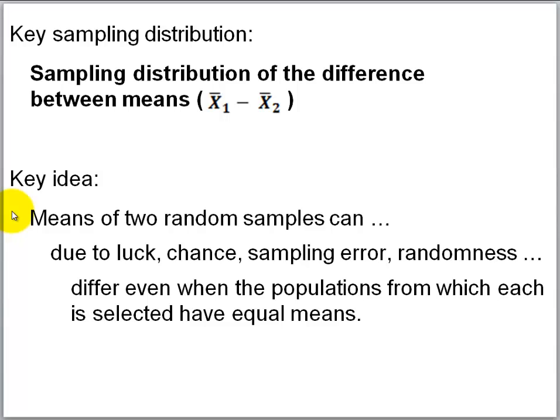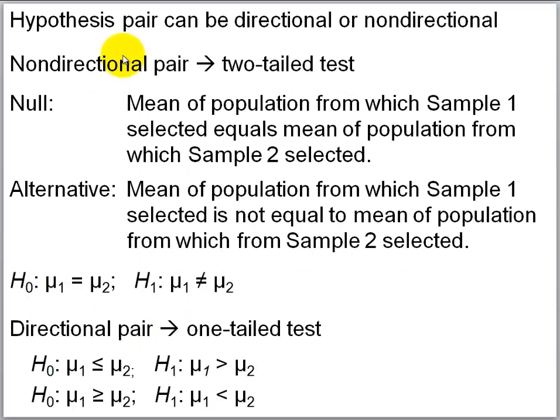I mean, all of these are the same thing. The two means can differ even when the populations from which each of these samples has been selected have equal means. So we're looking at, do the means of two samples differ by enough so that we can be confident that this difference isn't just due to chance.